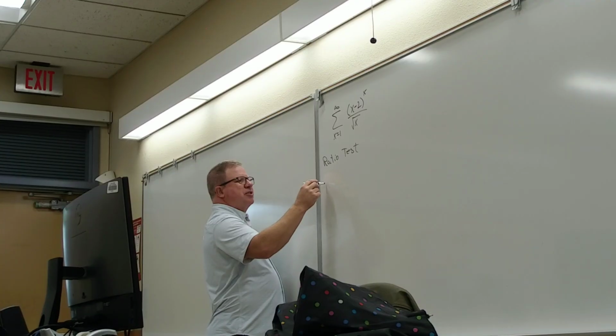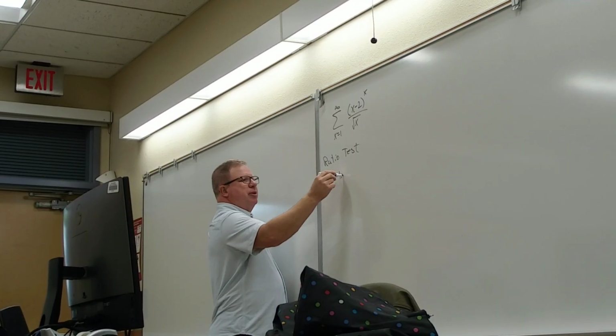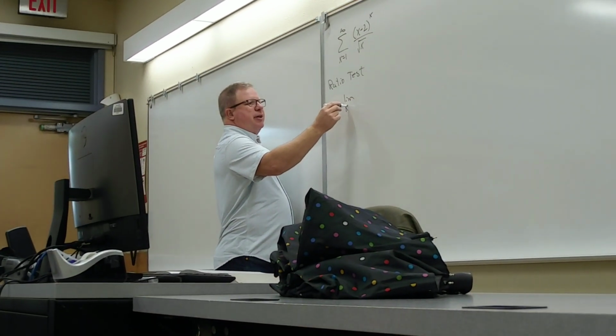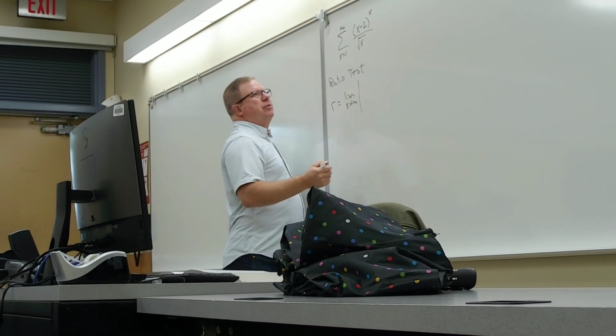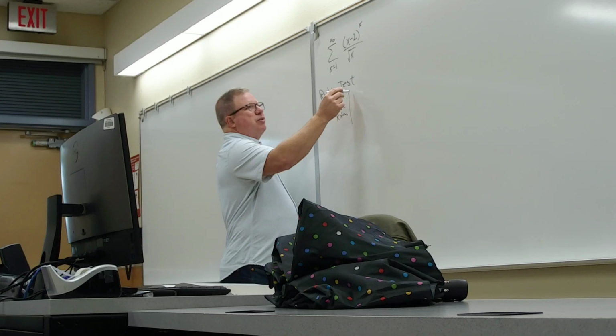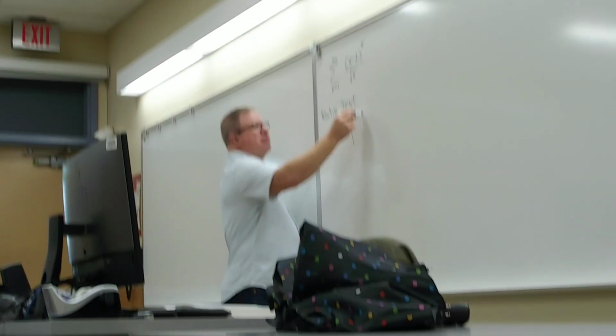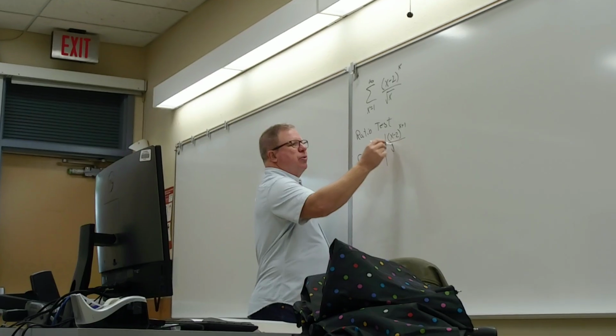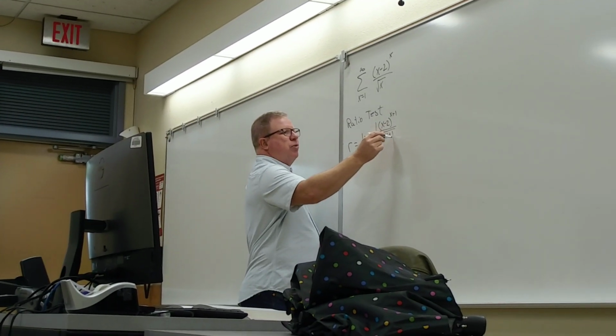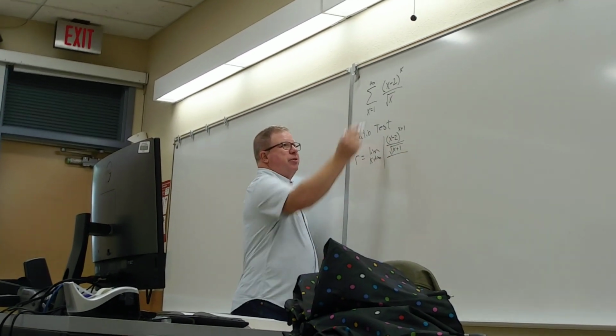So for the ratio test, r equals the limit as k goes to infinity, absolute value, and put the k plus 1 term on top, so that's x minus 2 to the k plus 1 over square root k plus 1 over the original.